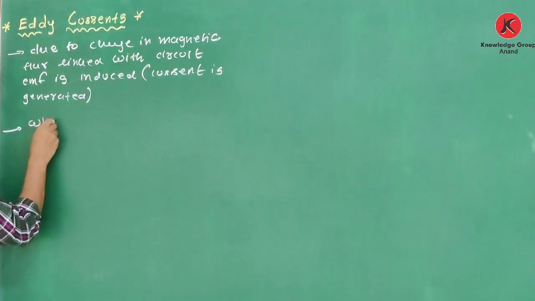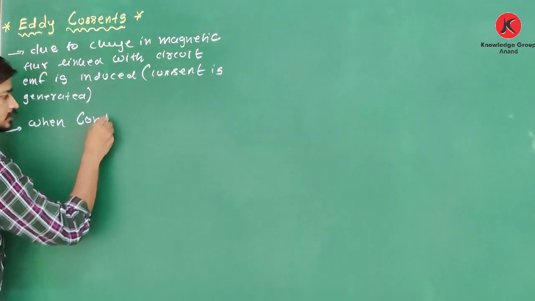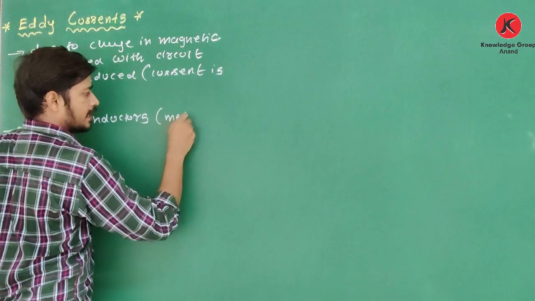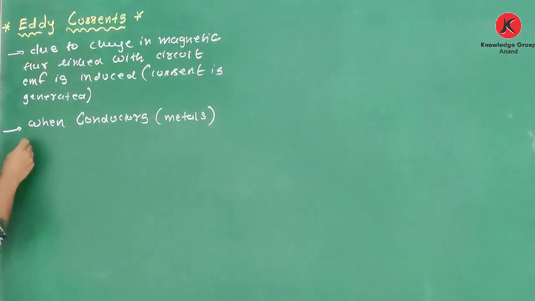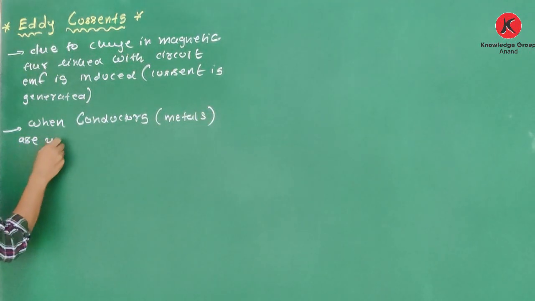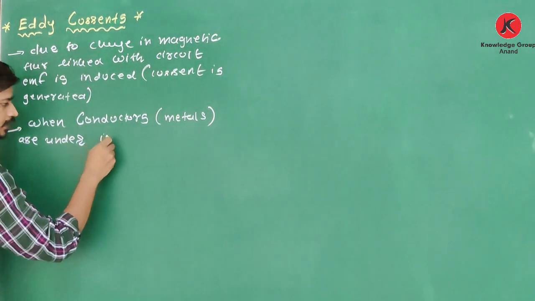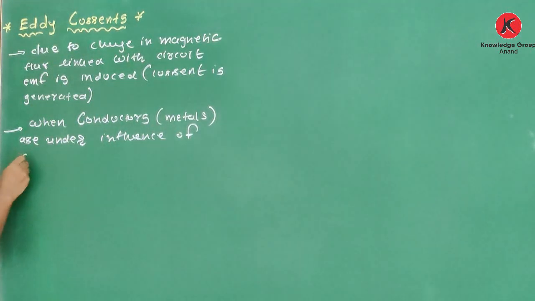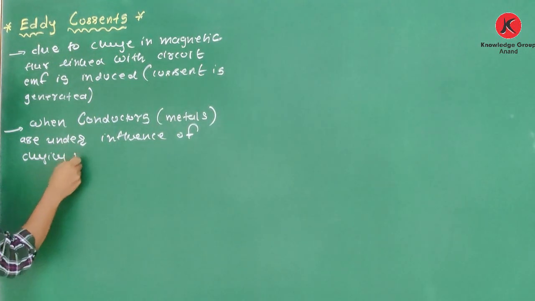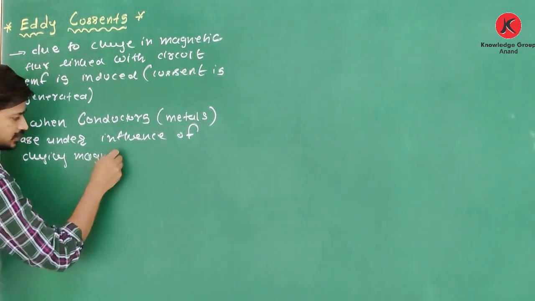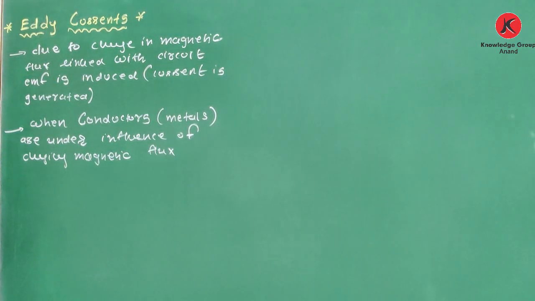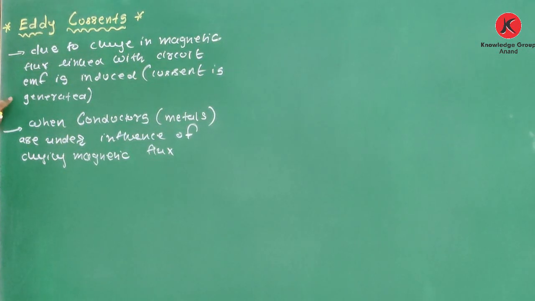When conductors, metals, are under the influence of changing magnetic flux, then due to change in magnetic flux, EMF is induced and current is produced.